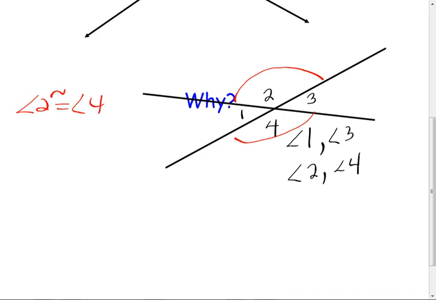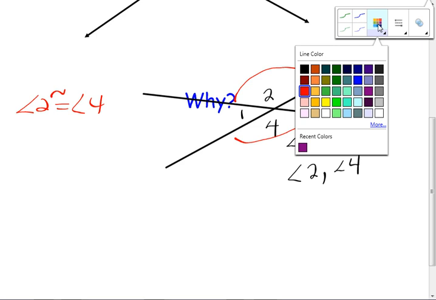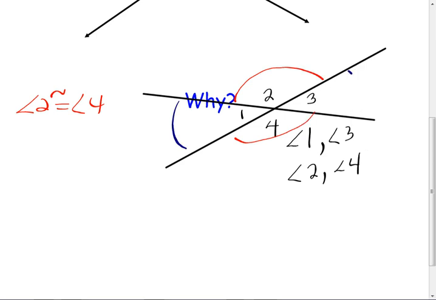And then somebody said 1 and 3. So that's this one. And angle 1 is congruent to angle 3. I want to explain why, but I'm not sure what the easiest way to do that is. If you think about it, it should make sense.